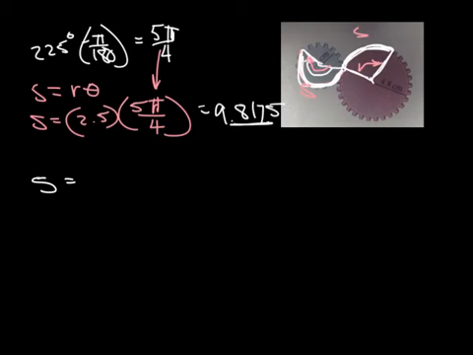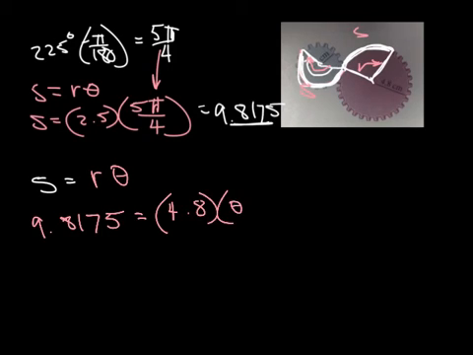So again, if S equals R times theta, and we know that S is 9.8175, and that equals the radius, which we see is 4.8 on the purple gear, and that is going to be multiplied by theta, and the theta is what we're looking for.